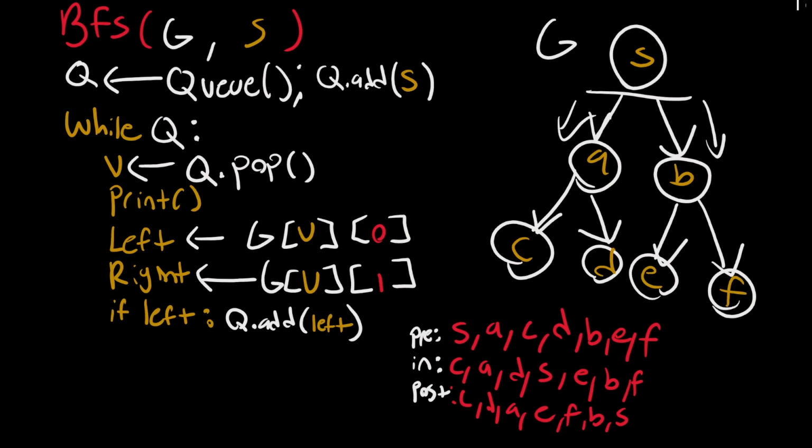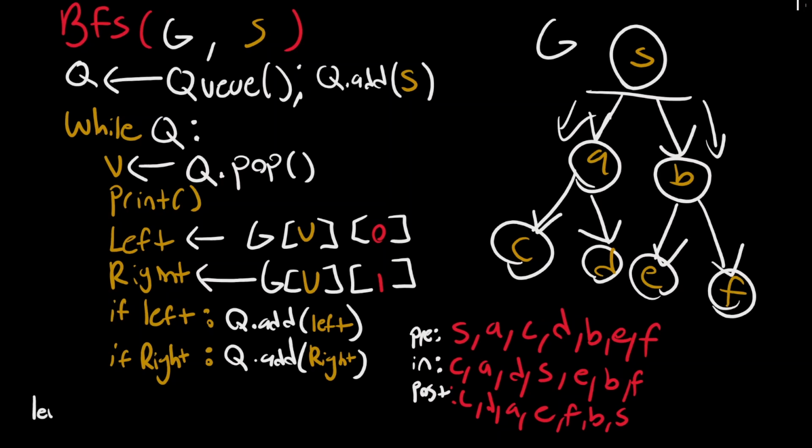And then if right, so if we do have a right, it's going to evaluate as truthy. If it's not null, we're going to say q.add right. So now we're just going to get our standard level order traversal.